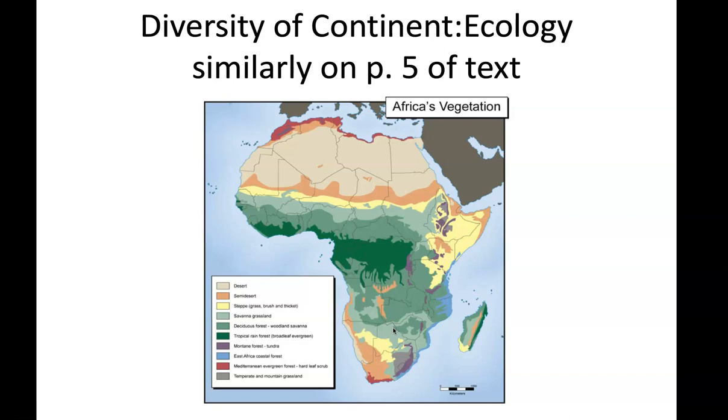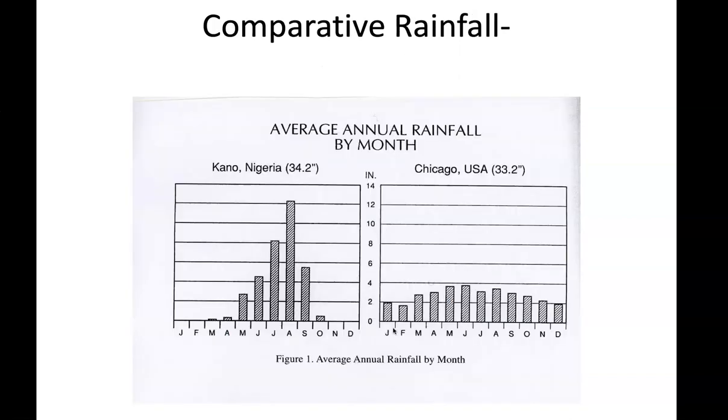What determines these ecological zones largely is rainfall amounts. It's rainiest in the center of the continent, which is where the rainforest is. And then as you move out from that, it gets progressively drier and drier. Why? Because of the rainfall patterns back and forth across the continent. So it's two things, rainfall amounts, but also rainfall patterns.